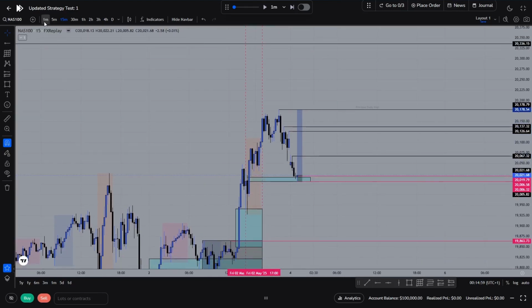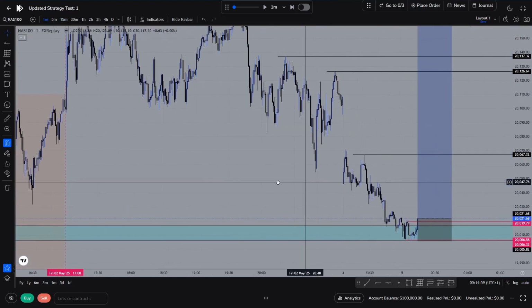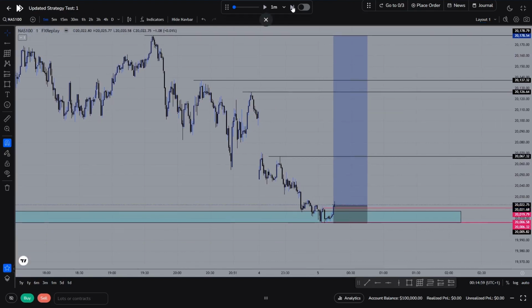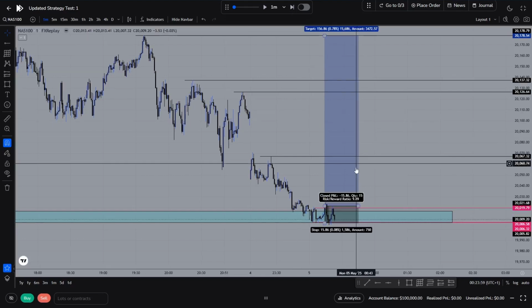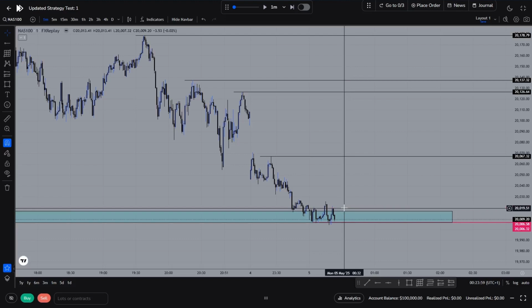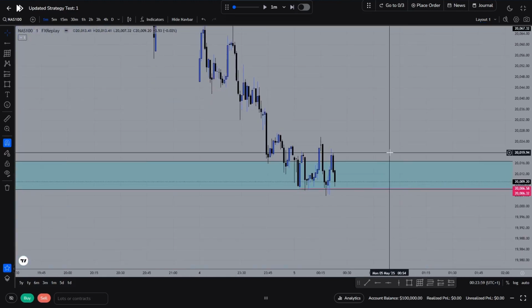So price wants to drop back. To the 1 minute. Move for it. Oh, straight stop loss. What does the price do? Wait, did that consider a break of structure?